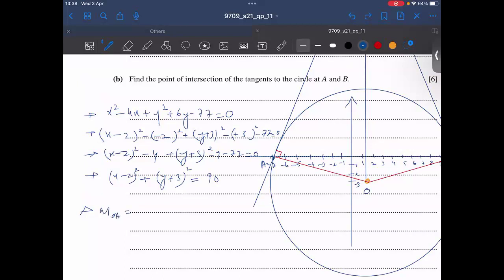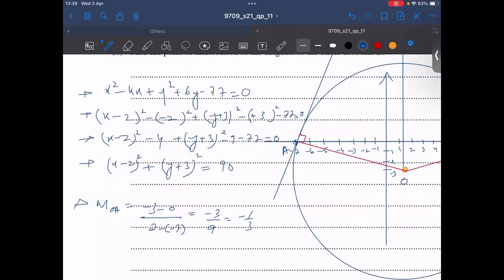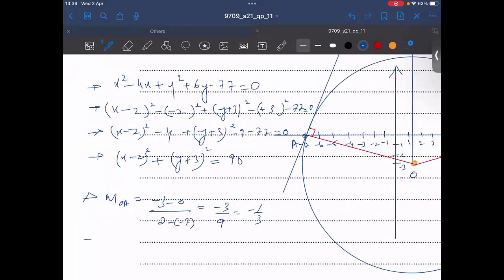Gradient of OA is going to be what? 2 comma minus 3. So minus 3 minus 0 over 2 minus 7. Minus 3 over 2 plus 7 is 9. So it's going to be minus 1 over 3. All right. 2 plus 7 is 9. So M of tangent is going to be plus 3.